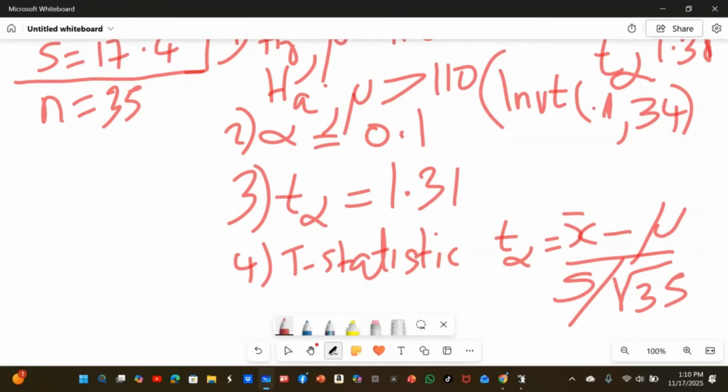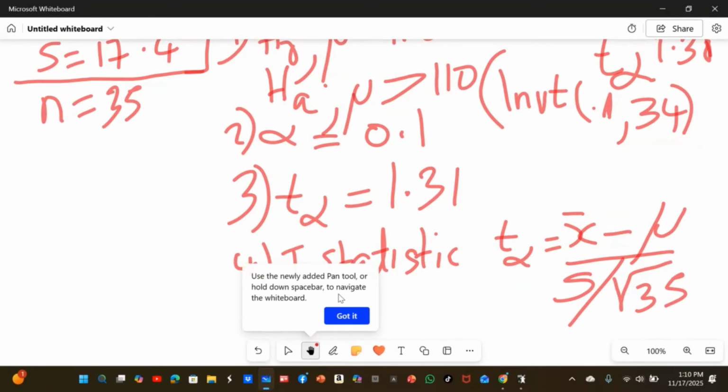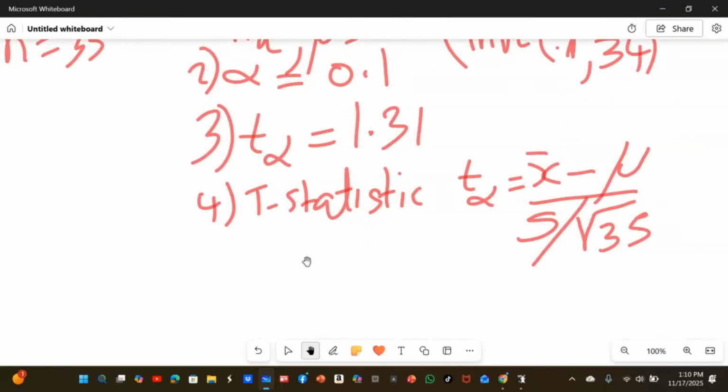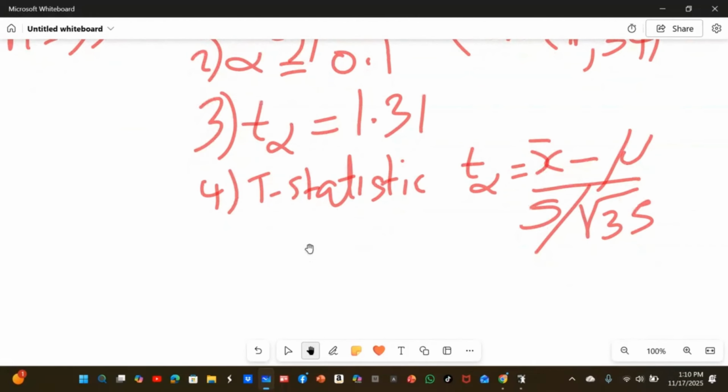If I plug in all that I know, I'll get the test statistic. But guess what? The calculator will get it for me. The important thing is knowing what I am given. So I'm going to actually plug them in because I am given all of them.